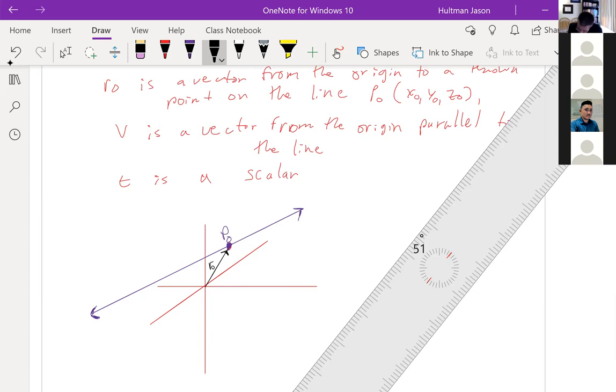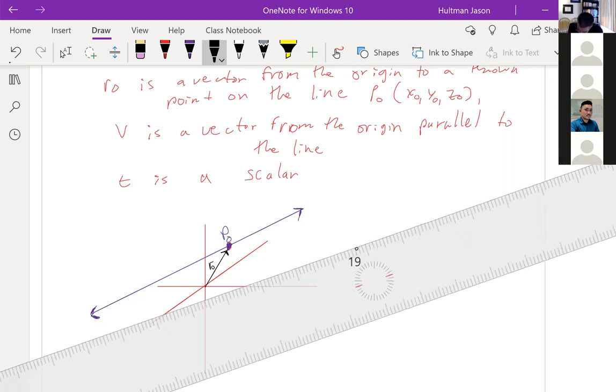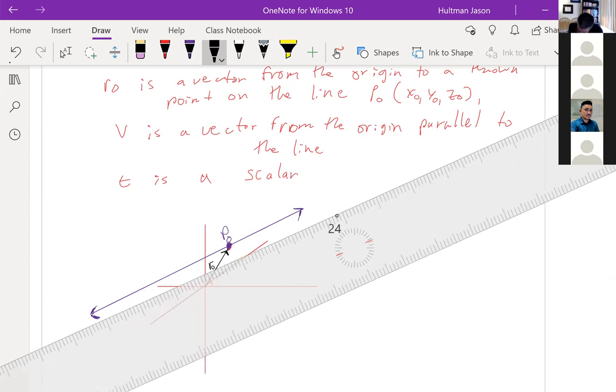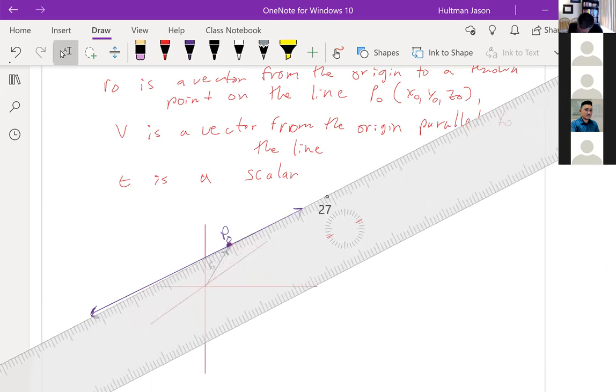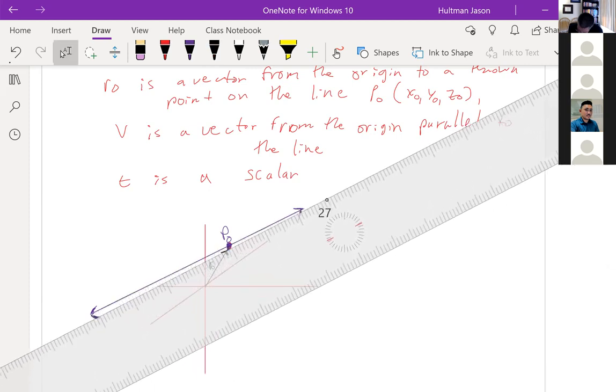Any point. Well, we need to know what's parallel to this line. We need a vector that's parallel to this line, which starts at the origin. So I'm going to draw a vector that's parallel.